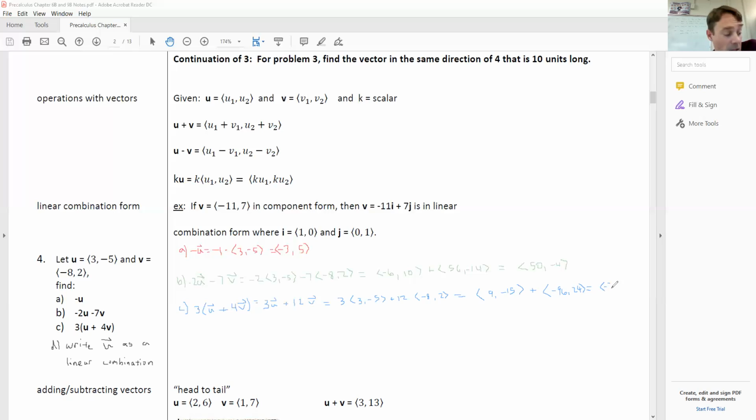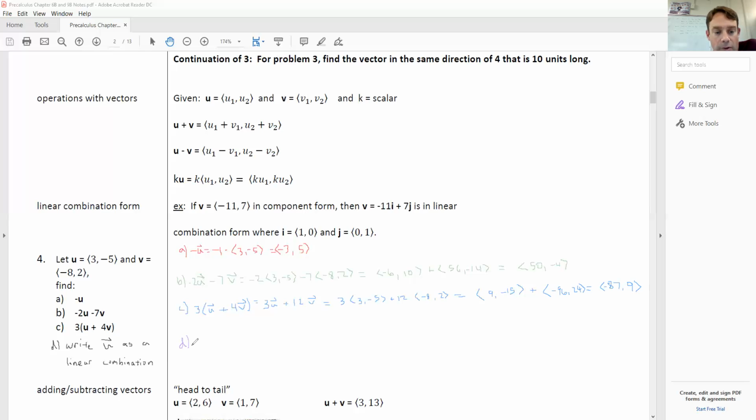Oopsies, negative 87. I should probably change that there. There we go. And 9. All righty. And the last one, the linear combination.